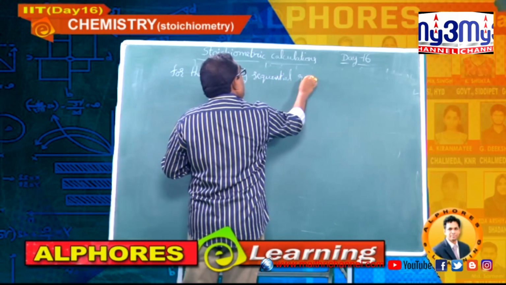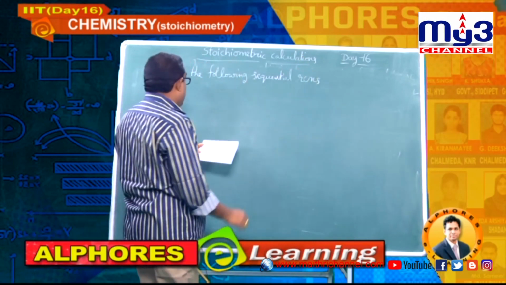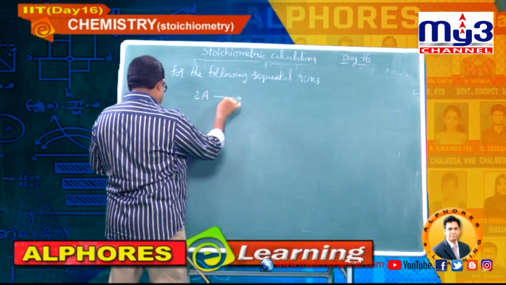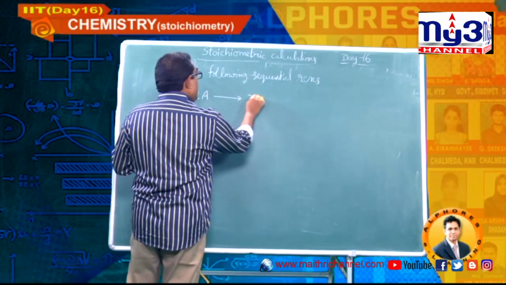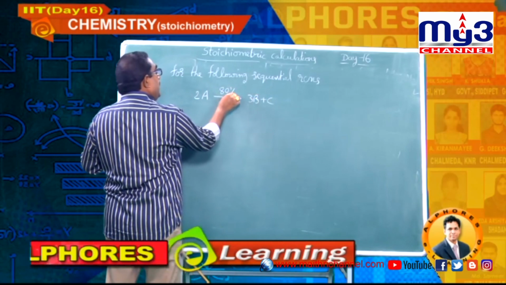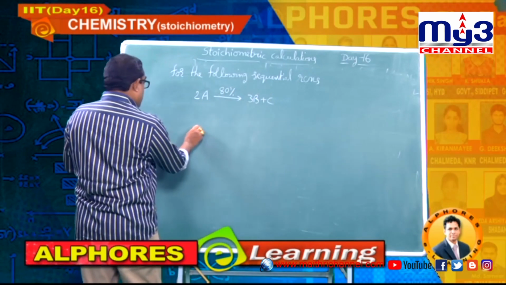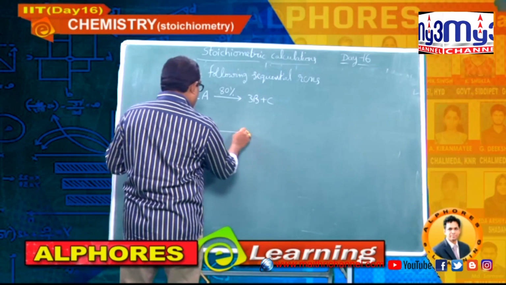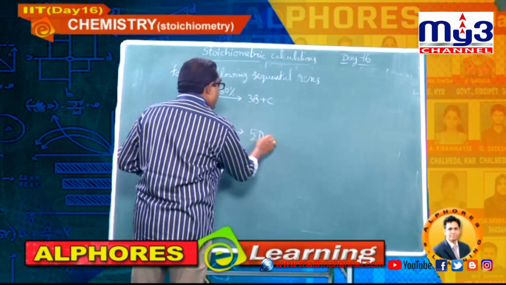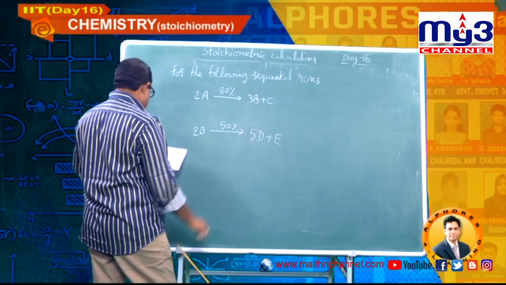I am writing the sequential reactions here, you please note it down. 2A gives rise to 3B plus C. On the arrow it is 80%. Next, 2B gives rise to 5D plus E. On the arrow it is 50%.